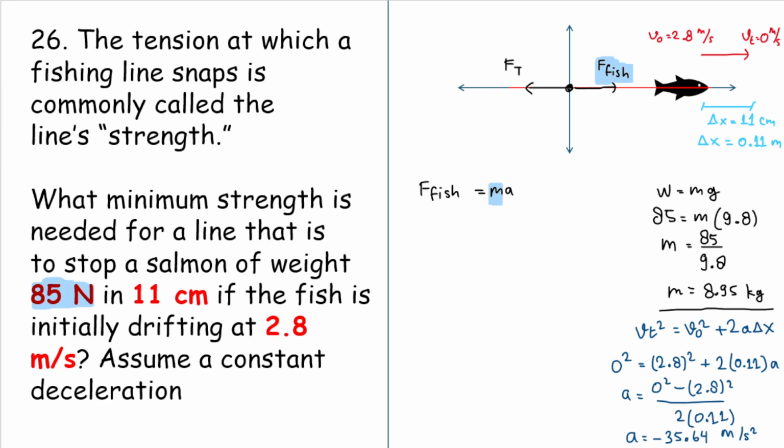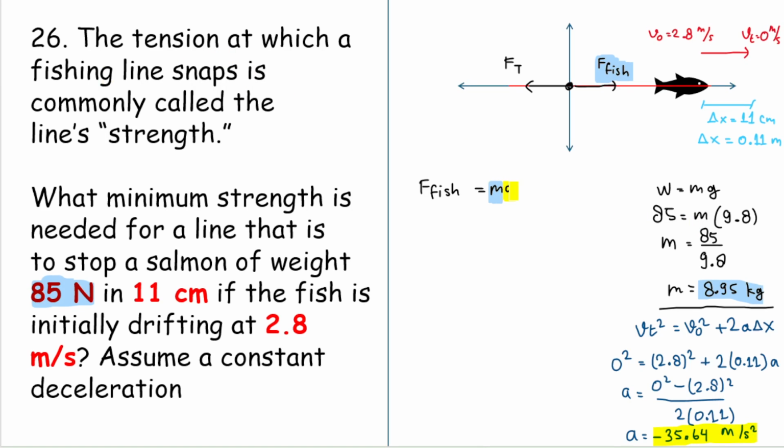Good. Now we have the mass of the fish and also the acceleration of the fish. We can just multiply them, right? The mass is 8.95, and the acceleration is minus 35.64.